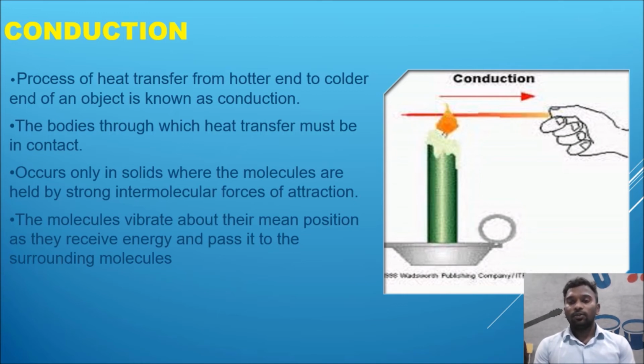This process is called conduction, where the objects are in contact. When two objects are not in contact, is there any chance of conduction taking place? No chance. If there is contact, there is conduction; otherwise, there is no conduction.